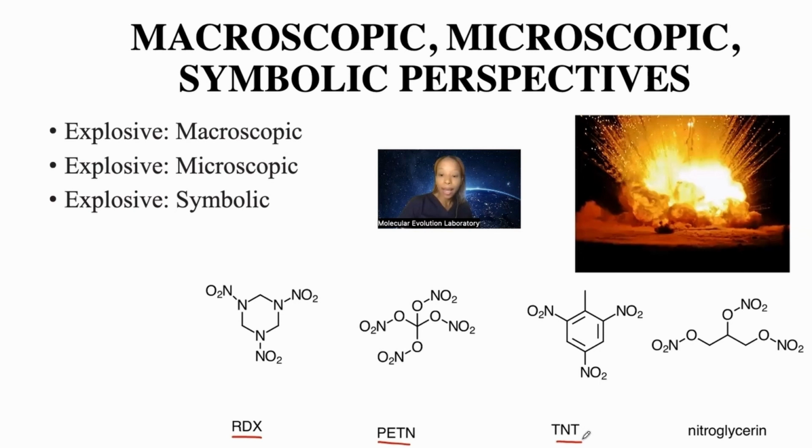Trinitrotoluene is also highly explosive. The molecular formula is C7H5N3O6. This is nitroglycerin, which we touched a bit on. These are highly explosive compounds that can produce important chemical reactions.